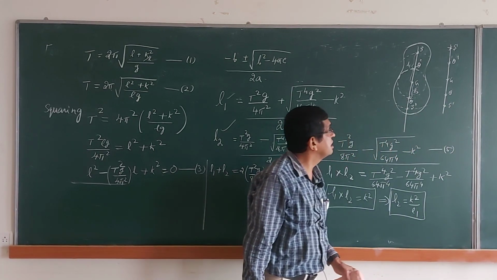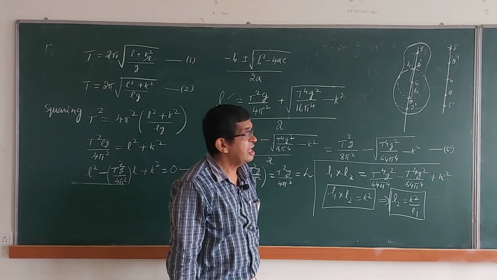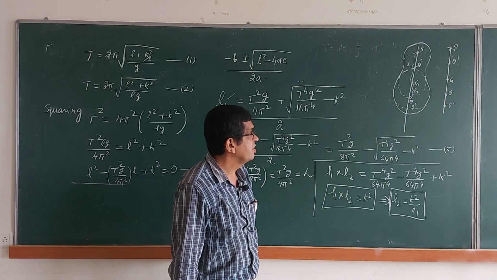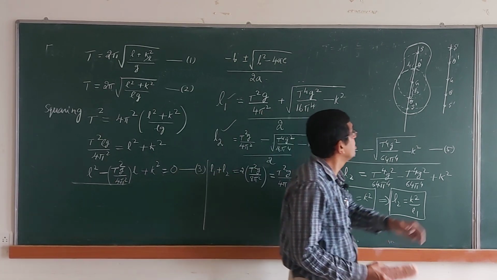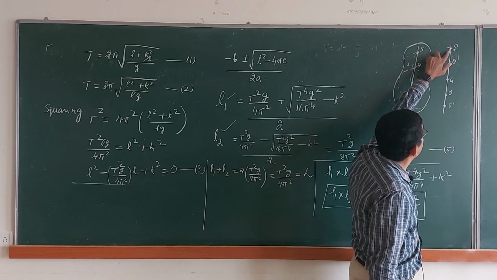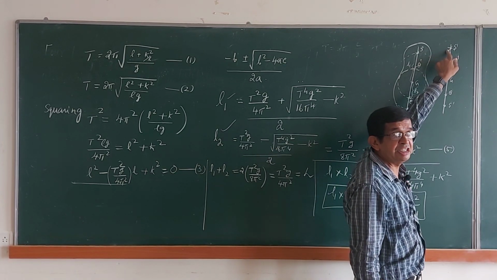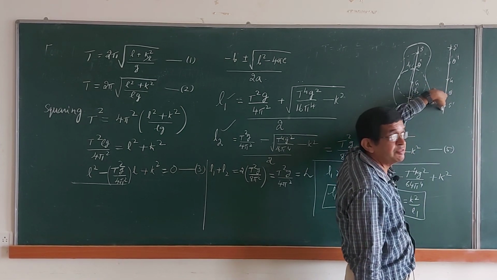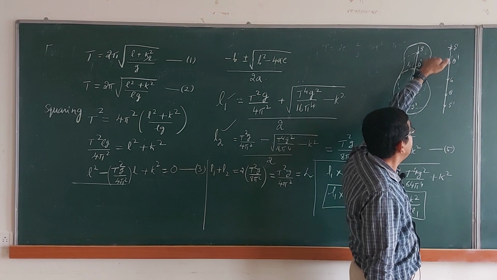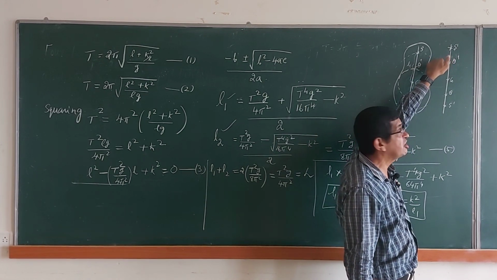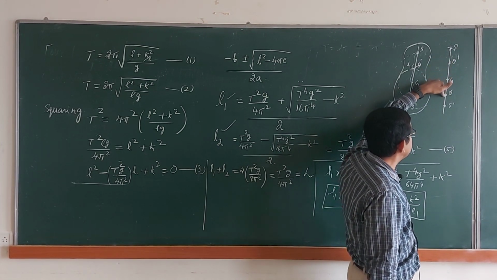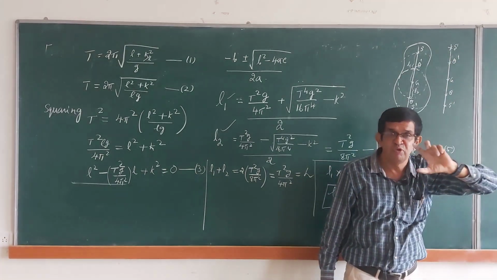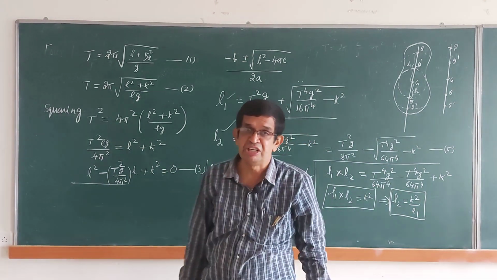This clearly shows us that there are 4 points collinear with the center of gravity about which the period is the same. For the compound pendulum, if this is the center of suspension, this is the center of oscillation, and if this is the center of suspension S dash, on the other side of the center of gravity there is a center of oscillation, and vice versa. Therefore, there are 4 points collinear with the center of gravity.